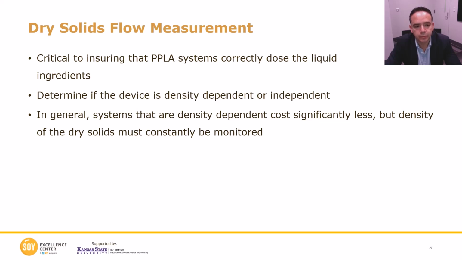As I mentioned before, when the devices are density independent, they are going to be better, because you don't have to be checking how the density of the feed changed when you change a formula. In general, systems that are density dependent cost significantly less, but the density of the dry solids must be constantly monitored. And this is what I mean with my previous statement. If you can have devices that are density independent, that would be better.